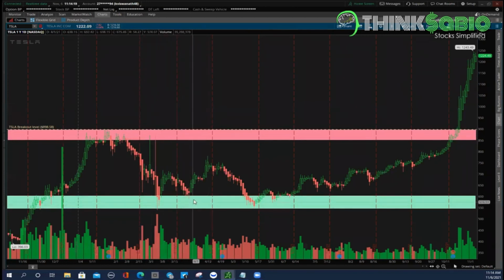So how do you know this is a demand zone? Tesla has come here once, twice, thrice, fourth time, fifth time. And then if you see some price point where it is touching and making a sharp move, that means it has a strong demand zone.